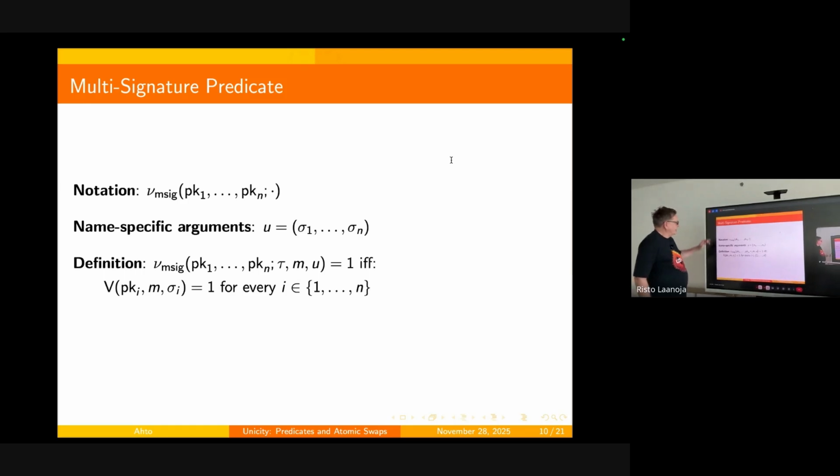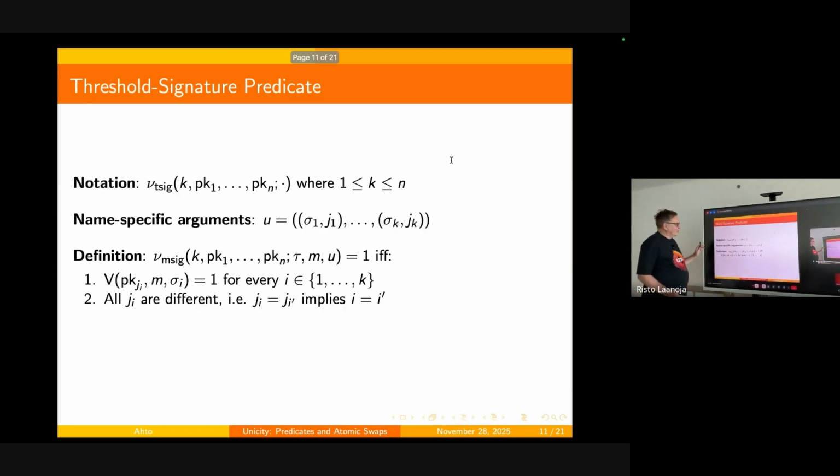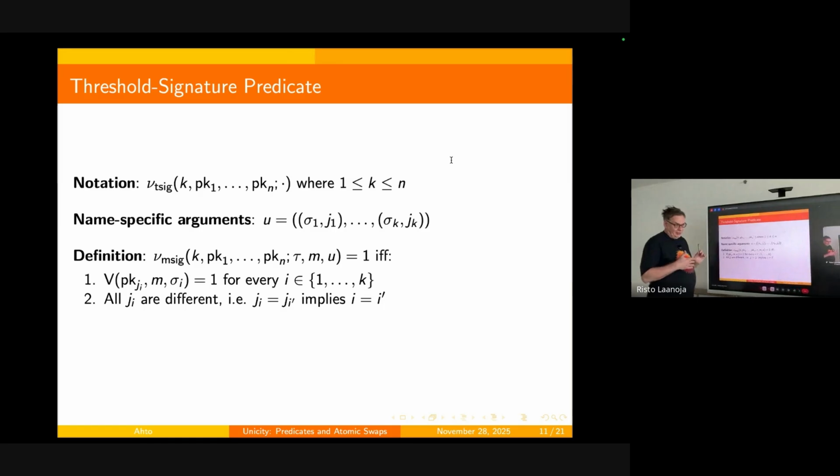We also have a bit more complicated version of multi-signature: a threshold signature. We have as an argument also an integer between 1 and n, and it basically says how many signatures we need.